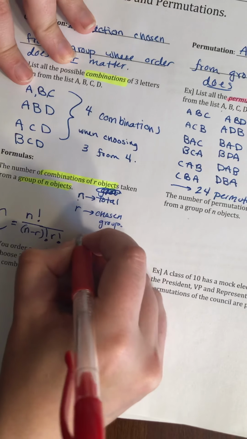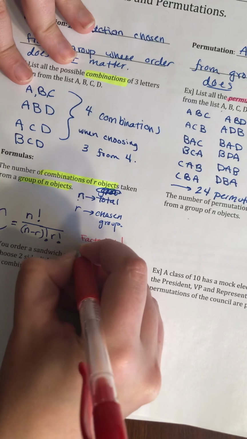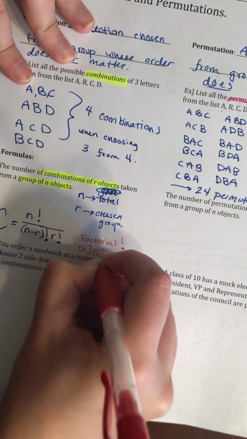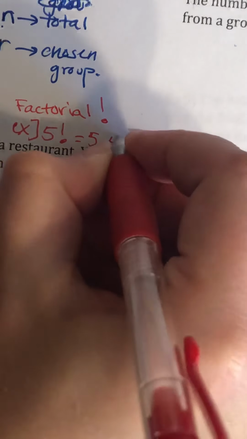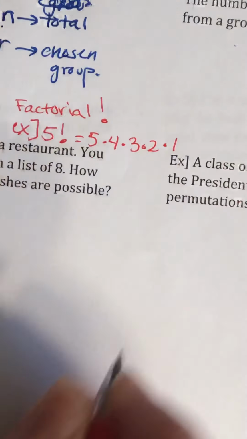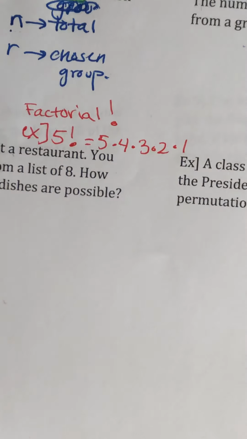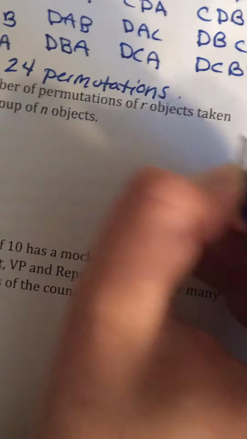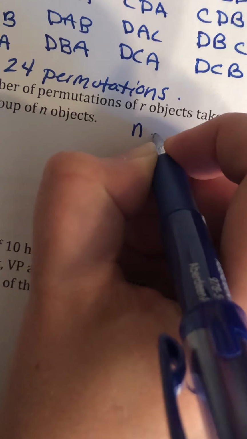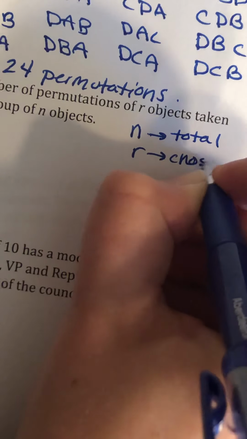So what is a factorial? Well, as an example, let's say I have 5 factorial. A factorial is equal to 5 times 4 times 3 times 2 times 1. Whenever something is a factorial, you're multiplying it all the way back. For a permutation, again N is the total and R is the chosen group.